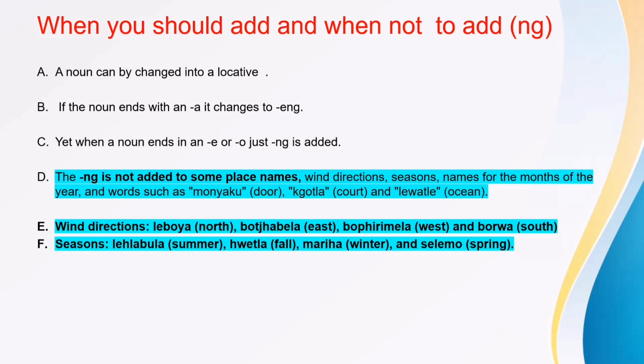So if the word ends with an E, or if the word ends with an O, you just add the ng. So these are the rules for how you can describe the location, like where you are going.